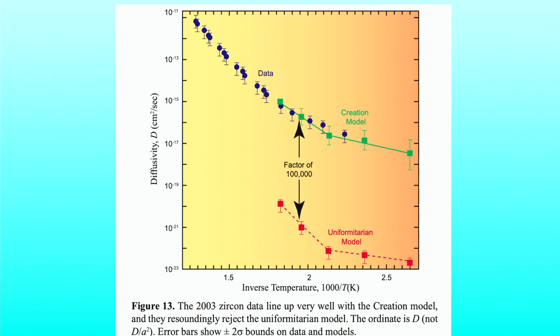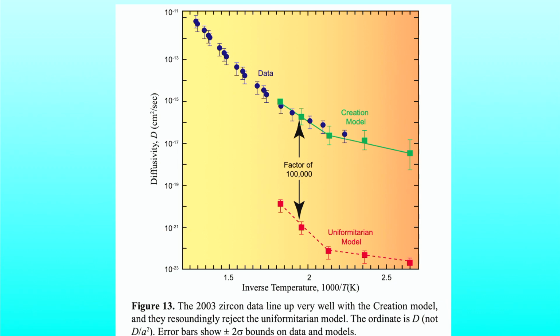The blue data points are actually measured ones. They took various zircons and they heated them up to certain temperatures, and they show that the lower the temperature, the slower it goes, and it tails right into a creationist model perfectly.